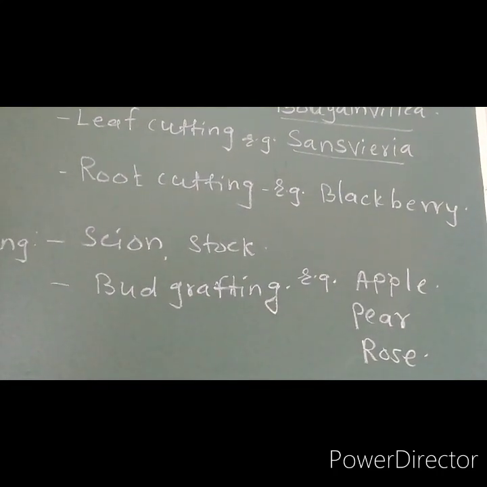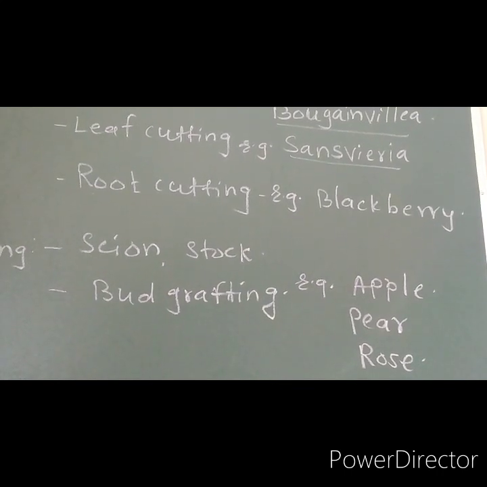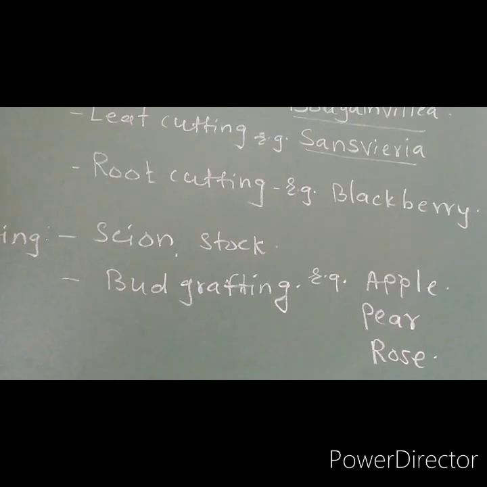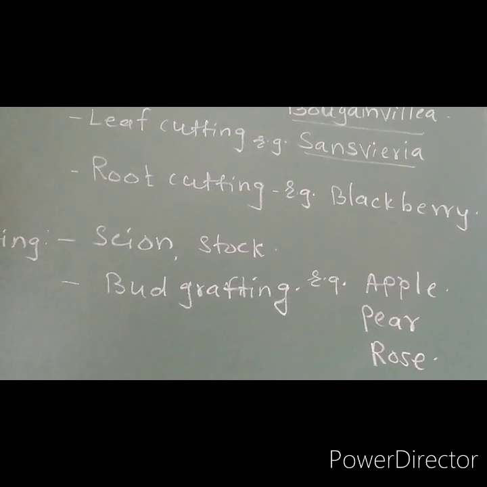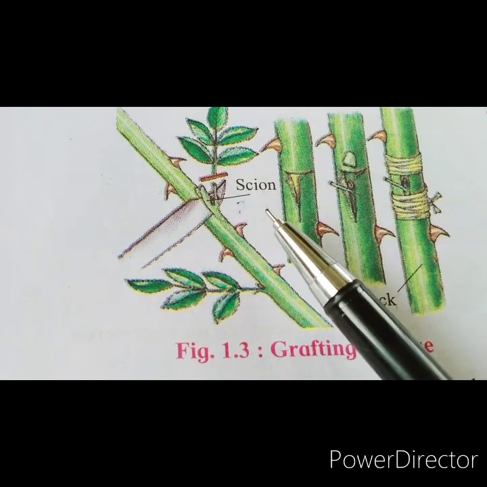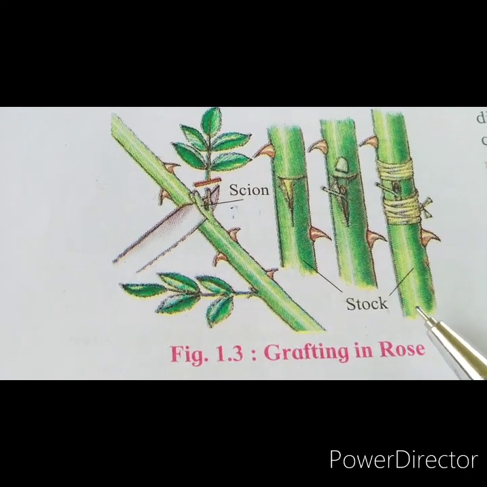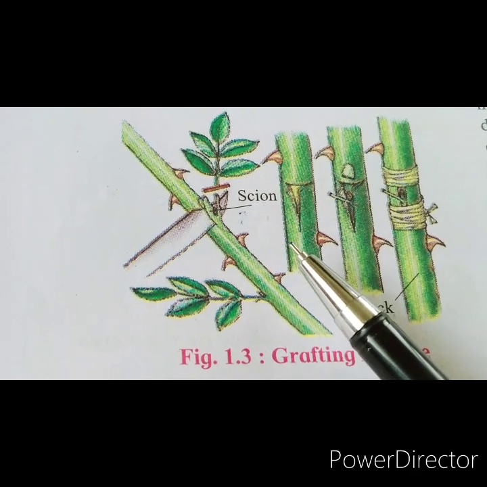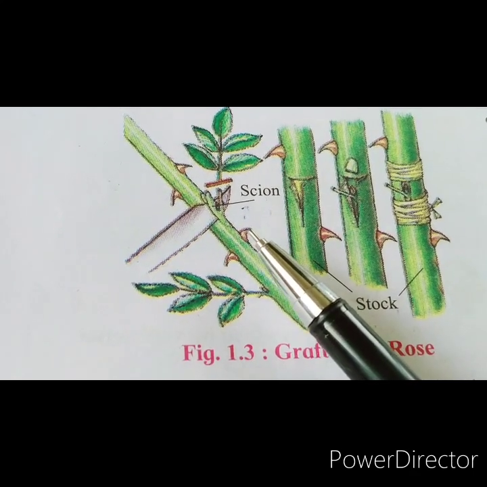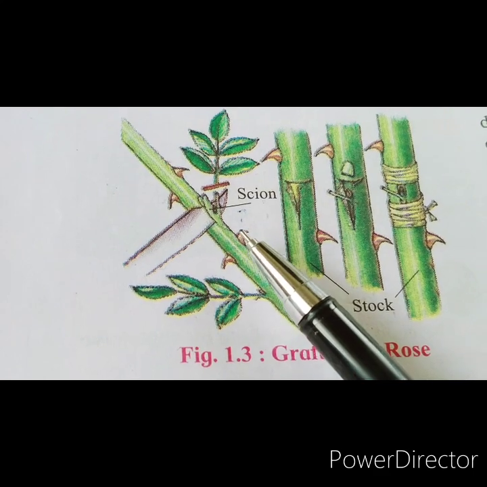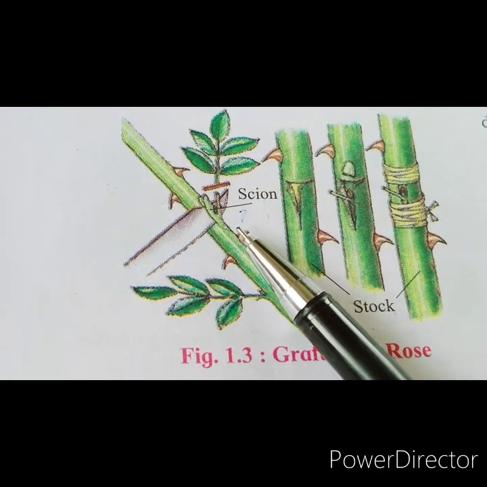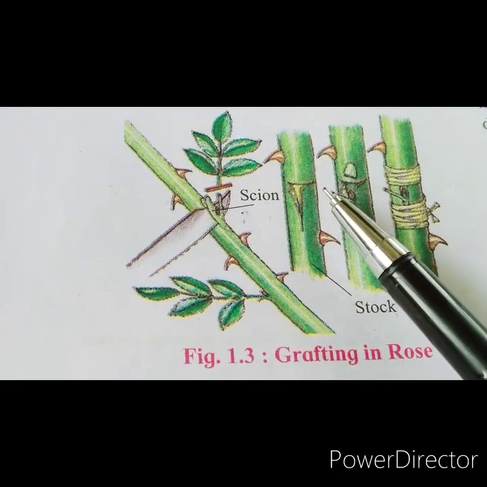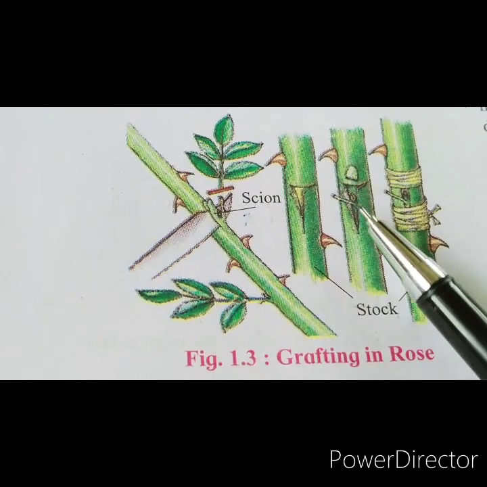We will study grafting in the case of rose with the help of a figure. This is the scion and this is the stock. In bud grafting, with the help of a sharp knife, the bud is cut and an appropriate cut is made on the stock.